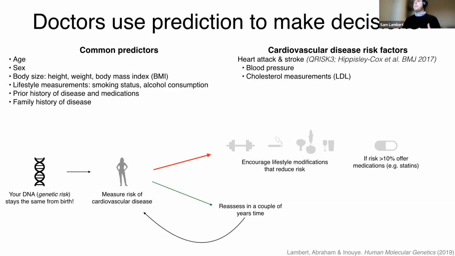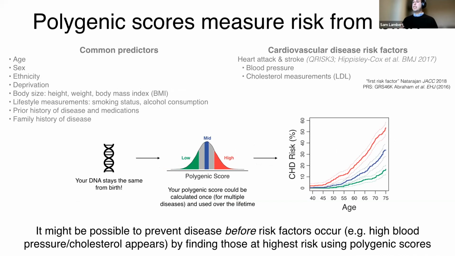So we think that maybe these polygenic scores might be useful to inform your risk of heart disease before any of these negative changes like high cholesterol or high blood pressure occurred. Because your DNA stays the same from birth, we could calculate your polygenic score from birth for multiple diseases and use this information over the lifetime to maybe prevent different diseases before risk factors occur, to make sure that people who are at the highest risk of heart attack in the future might always keep their risk factors like blood pressure and cholesterol low.